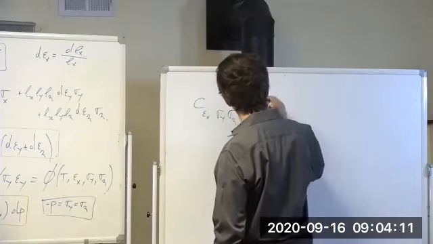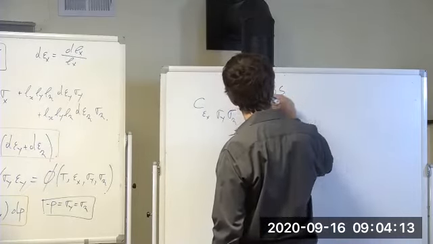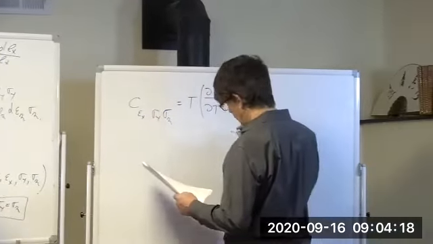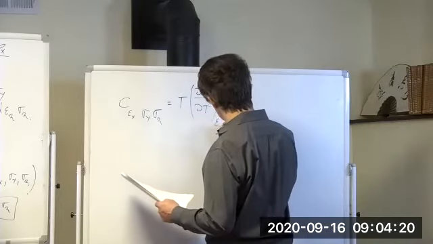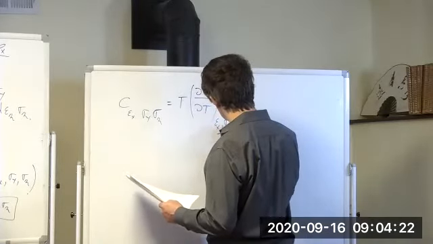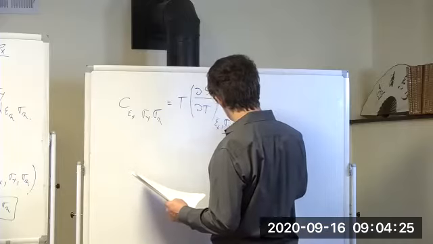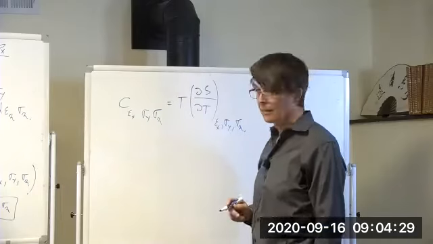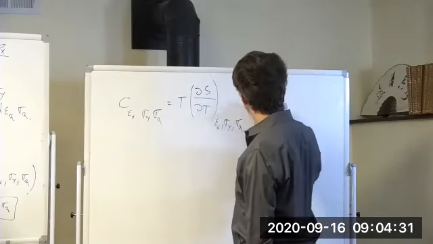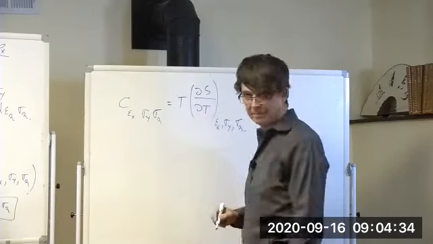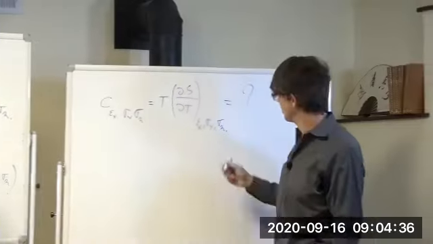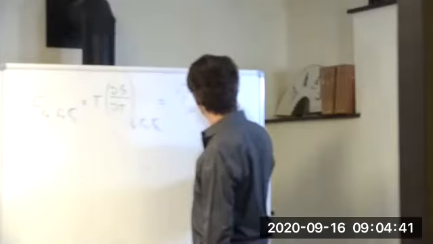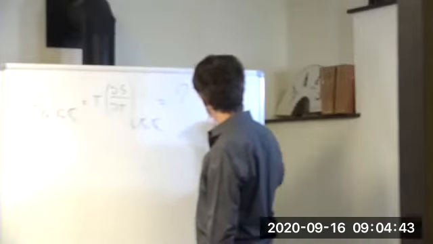So that is defined through the entropy as the derivative of S with respect to T at those conditions, with those constraints. And then the question is, what does this become? It's obviously not Cp, and it's obviously not Cv.